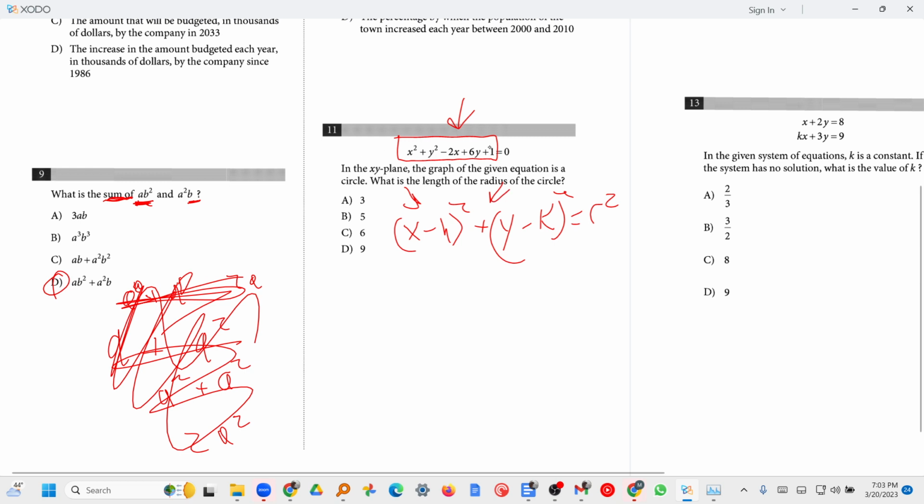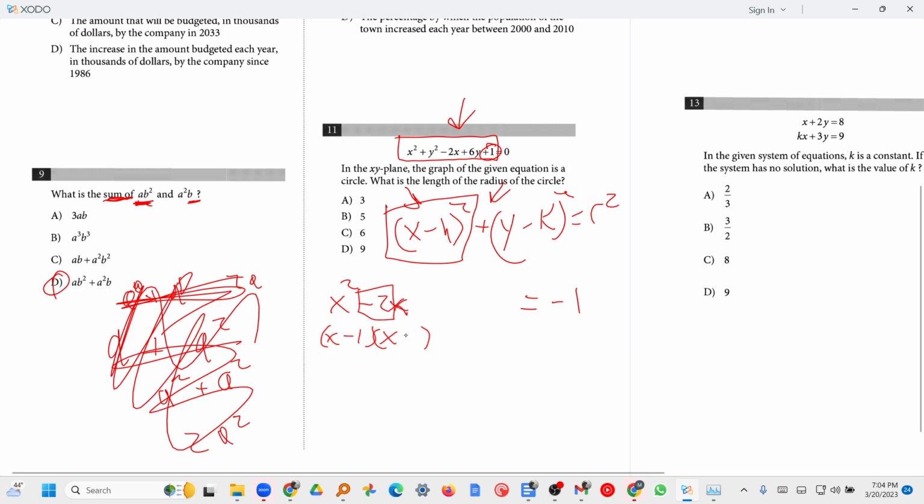The very first thing I'm going to do is take that 1 and move it over to the other side of the equation by calling it negative 1. Then I am going to put the x's together. X squared minus 2x. To turn x squared minus 2x into a perfect square, I put x and x, and then I take this thing and split it in half.